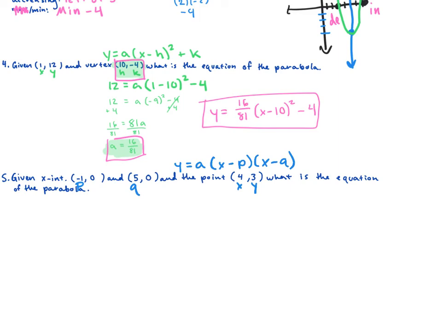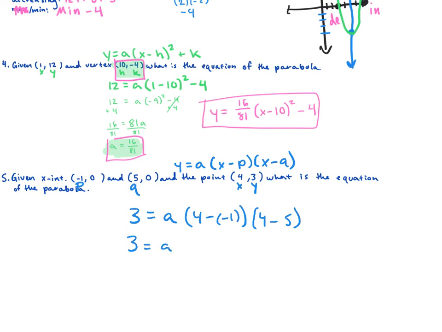It doesn't matter which one's our p and which one's our q. So our x-intercepts are p and q, and then the point is our x and y. So now we just plug everything in. So we have 3 is equal to a times x, which is 4 minus p, which is -1, and then 4 minus our q, which is 5.